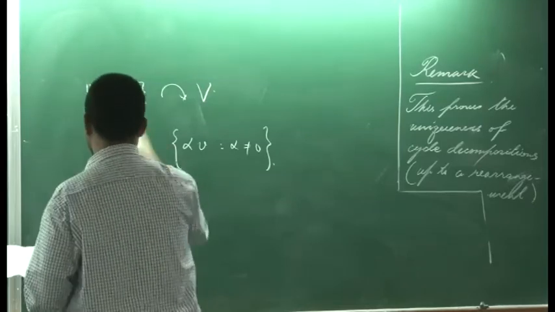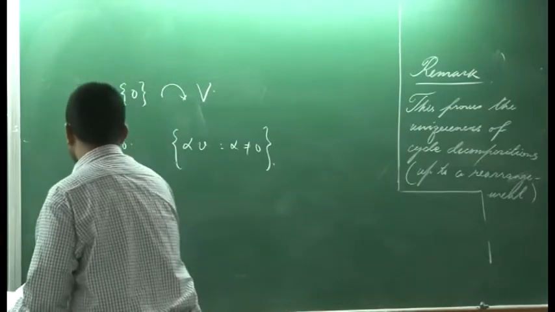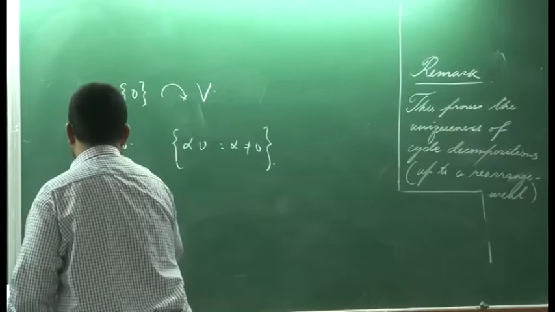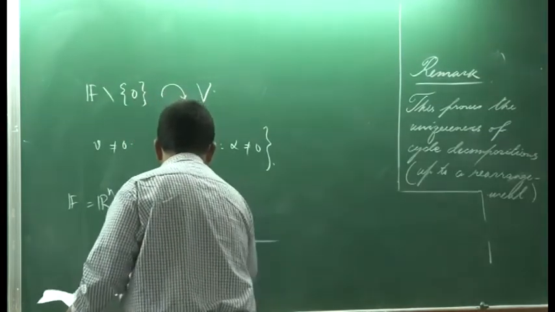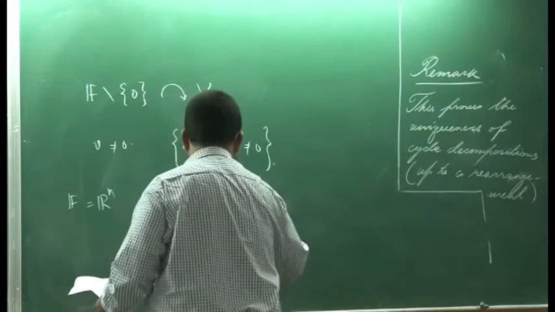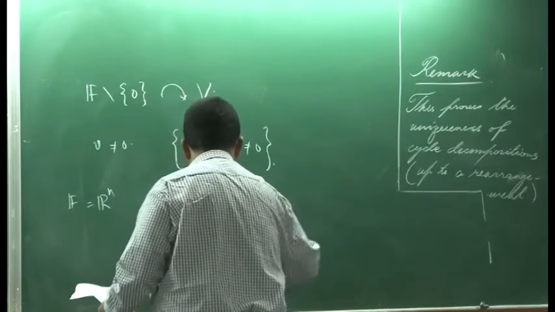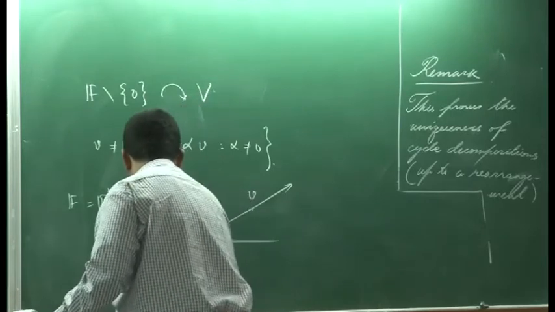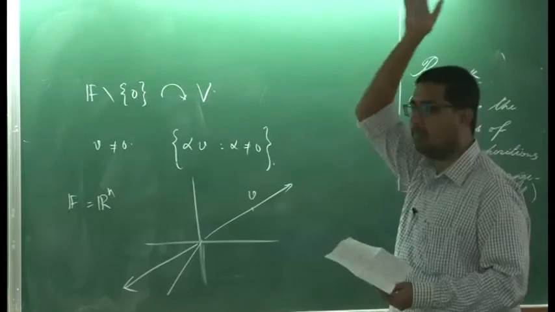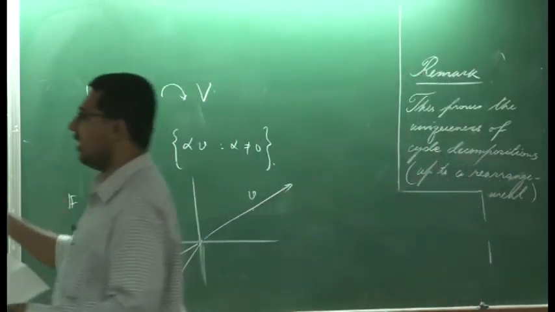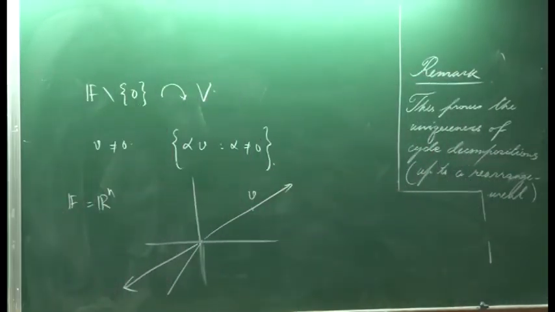To see the picture, we may take F to be Rn. Then the situation is as follows: if V is the vector, then it gives the entire punctured line. So here the orbits are all the lines punctured at the origin, and the trivial orbit, the origin itself.